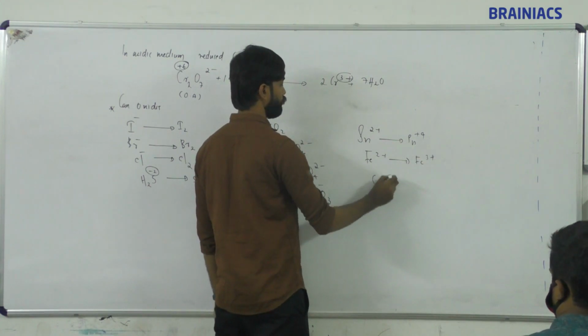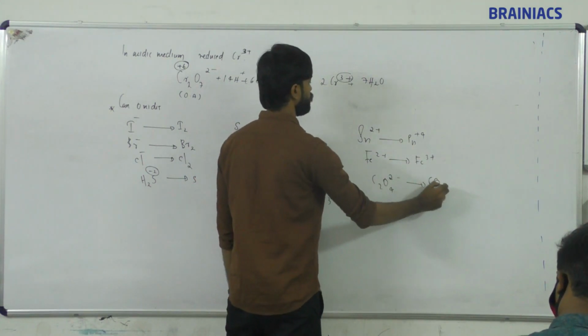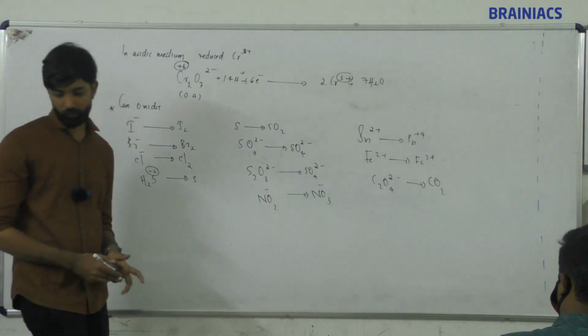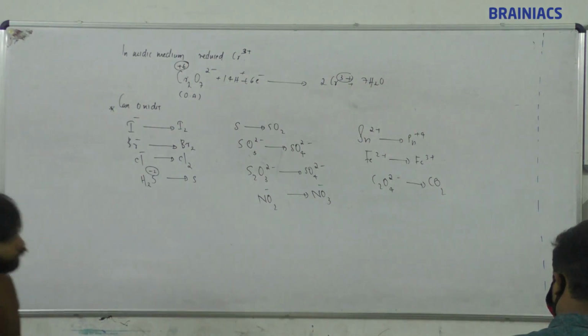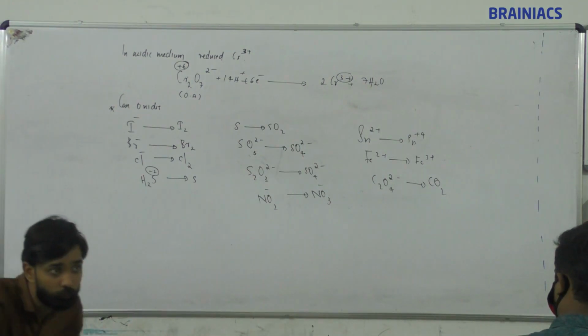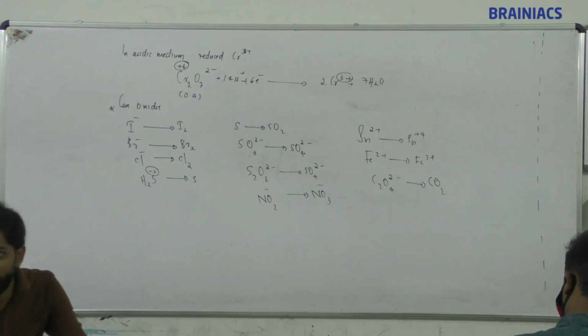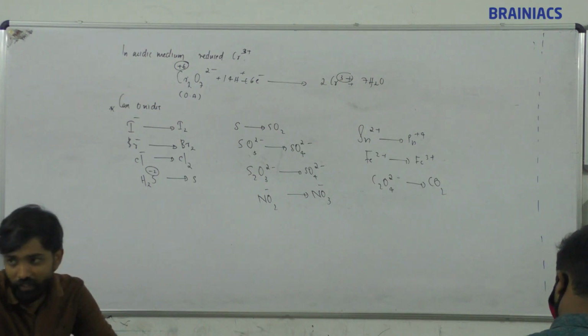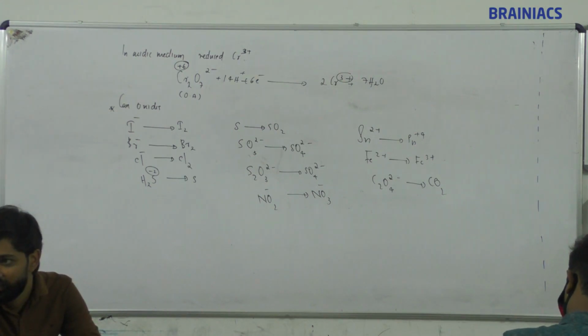Oxalate, C2O4 2-, to CO2. These are all different types of reactions. You know how to balance them, and that is discussed in your redox reactions. No need of balancing here.